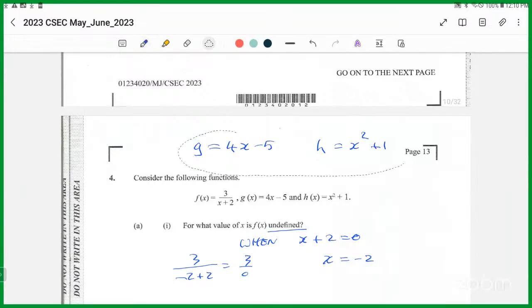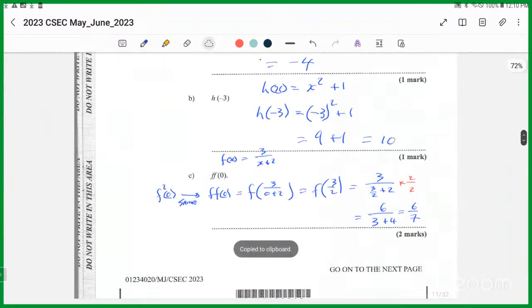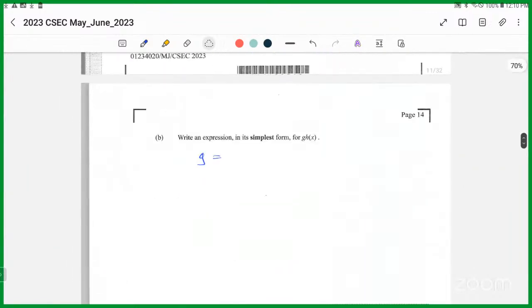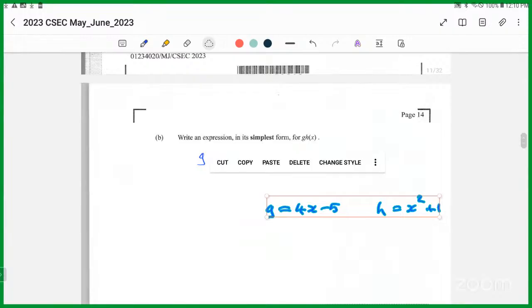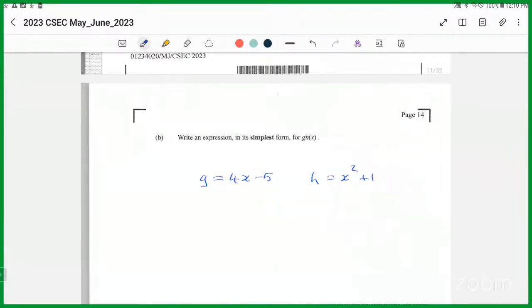Copy this down. And so forming g of h of x, which means putting h into g. So it means that you're taking all of the h, you're putting that in the g right here where x is. Simple as that.